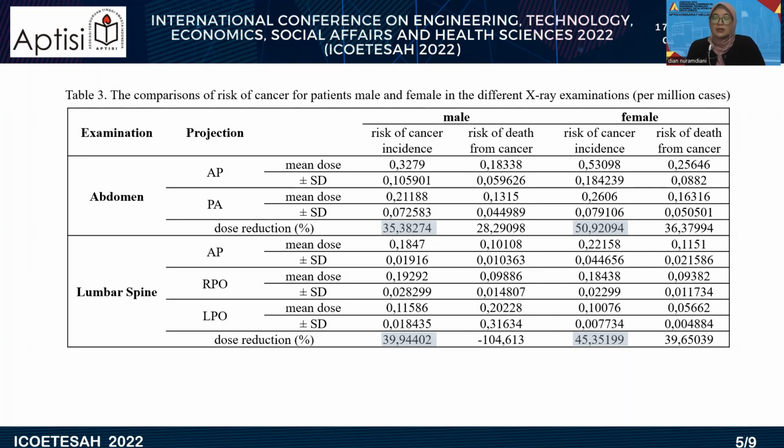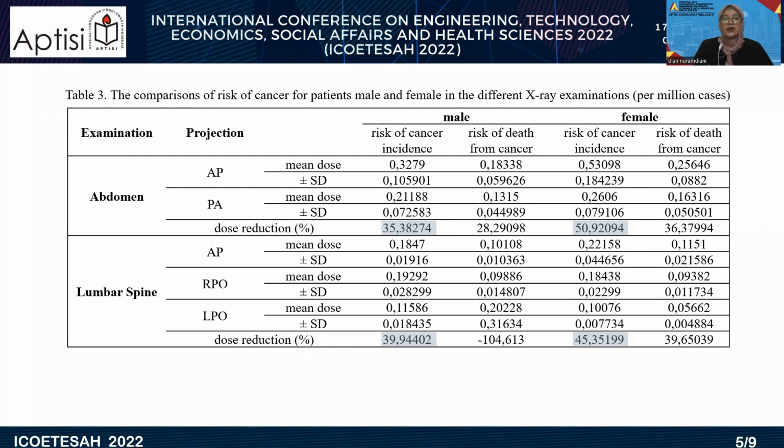In abdominal examination, the risk reduction of cancer incidence with the use of PA projection for men and women was 35.38% and 50.92% respectively, and the risk reduction of cancer death caused by radiation exposure for men and women was 28.29% and 36.38% respectively.